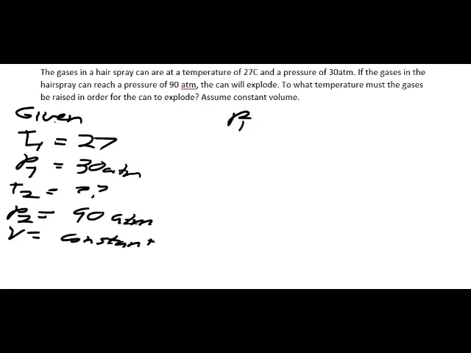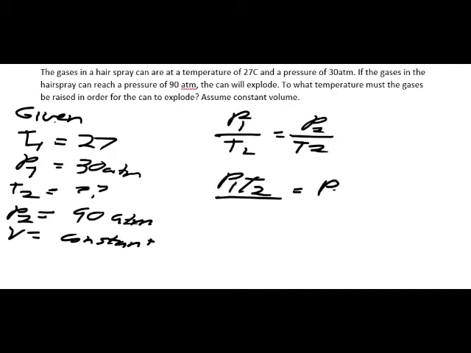Which is P1 over T1 equals P2 over T2. So let's multiply it. P1 T2 equals P2 T1, so T2 equals P2 T1 over P1.